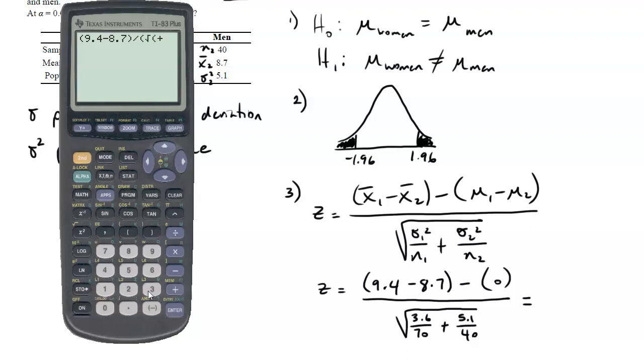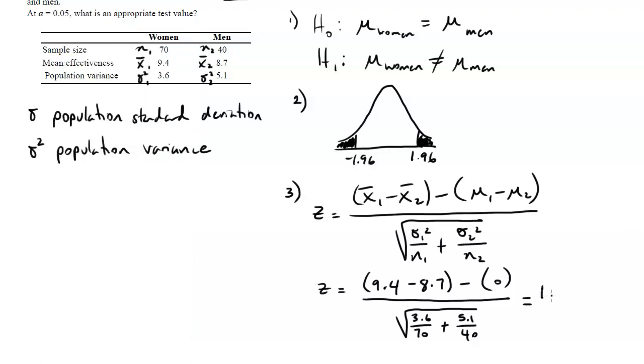So I've got 3.6 divided by 70 plus 5.1 divided by 40. Close parentheses, close parentheses. So 1.65 is that z-test value.